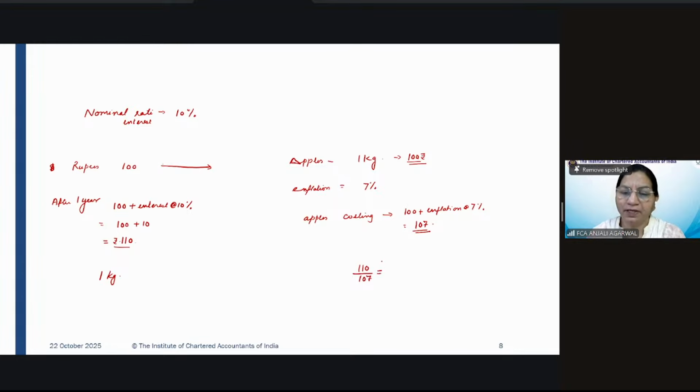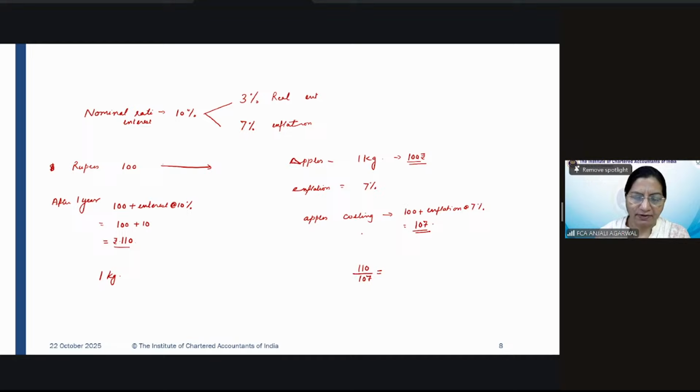So what was appearing as 3% real rate of interest and 7% inflation, you will see that the real rate of interest is not exactly 3%. It is a little less than 3%.